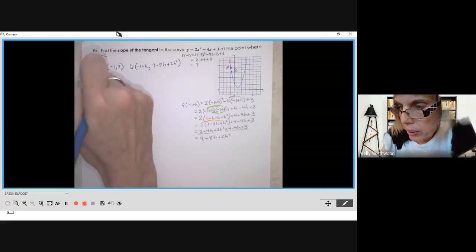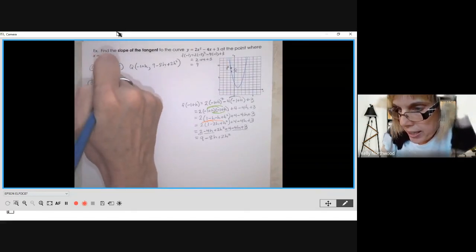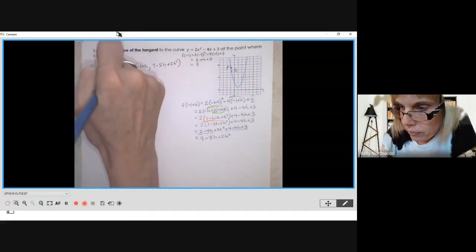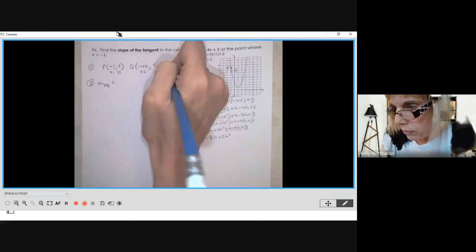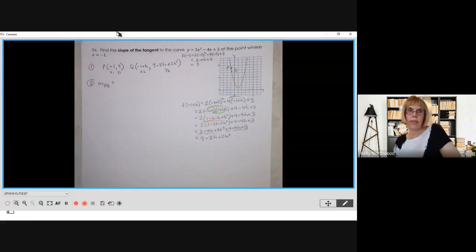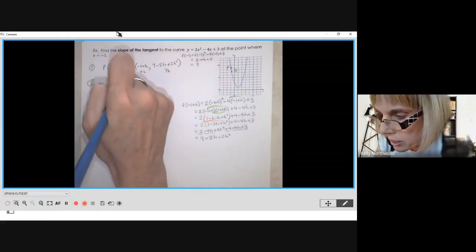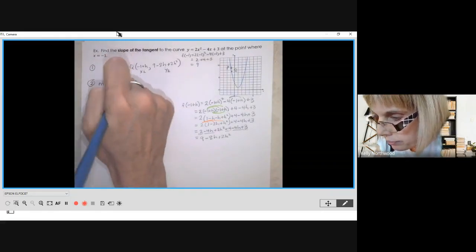All right, so now I'm going to find the slope of the secant, MPQ. And I'm just going to use the slope formula to do that.